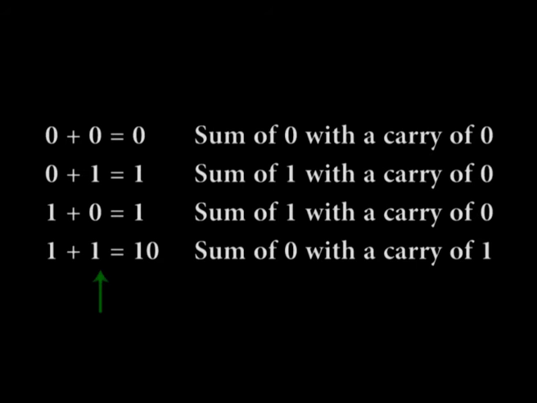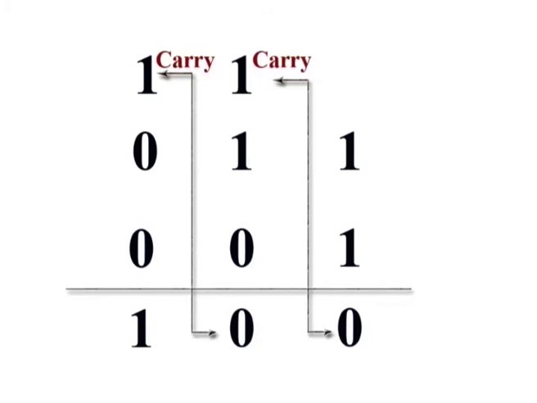When binary numbers are added, the last condition creates a sum of 0 in a given column and a carry of 1 over to the next column to the left, as illustrated in the following addition of 11 plus 1.